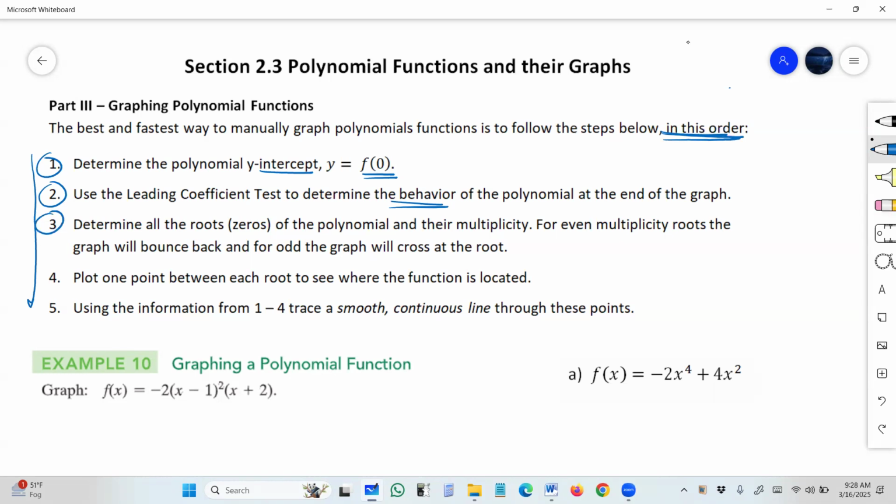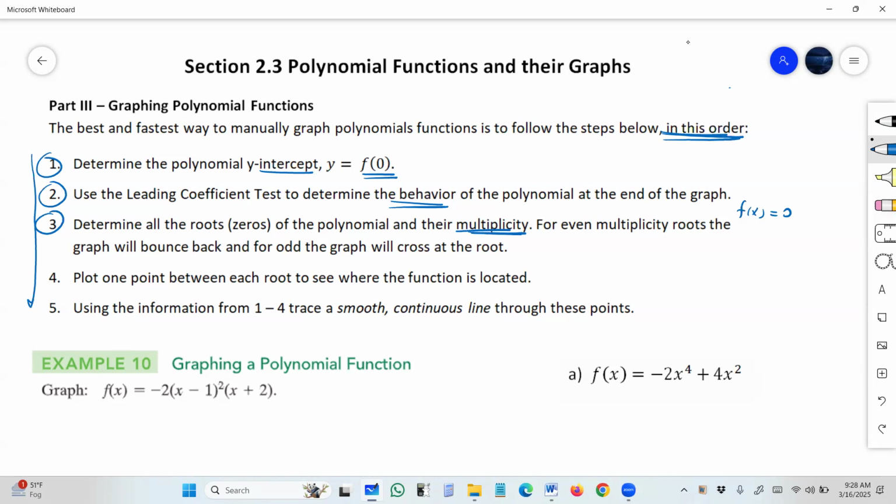After that, we're going to find the roots or the zeros of the polynomial by solving this equation. And we're going to do that by factoring the polynomial if it's not already fully factored. After it's fully factored, we're going to find the multiplicity of each root.